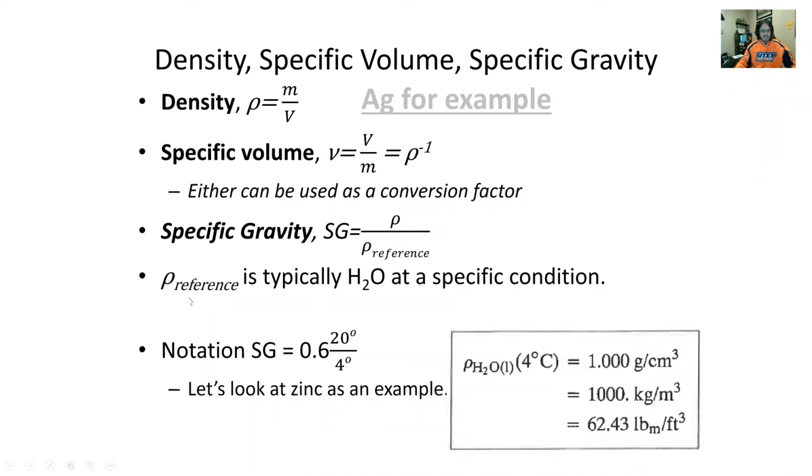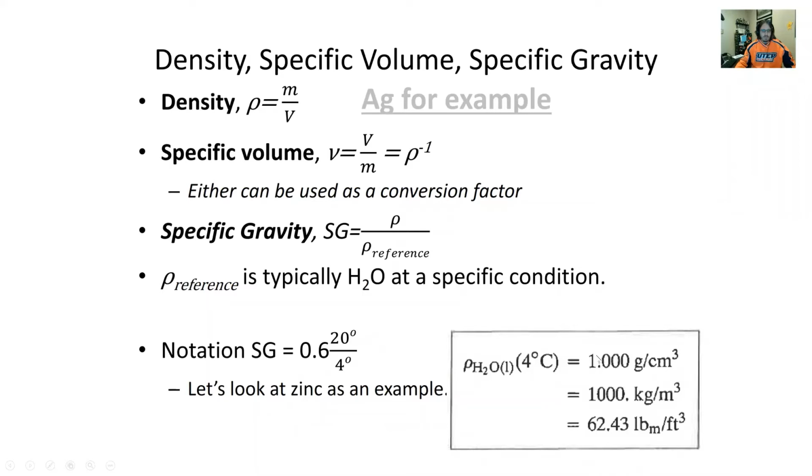The reference density is typically water at a specific condition, good old H2O if you're a Waterboy fan. It makes calculations easier, and that will become more apparent later. The notation is typically SG equals 0.6 with 20 degrees over 4 degrees. So it's the density of your specimen at 20 degrees and the density of water at 4 degrees.